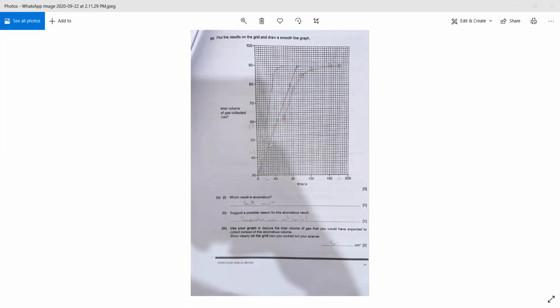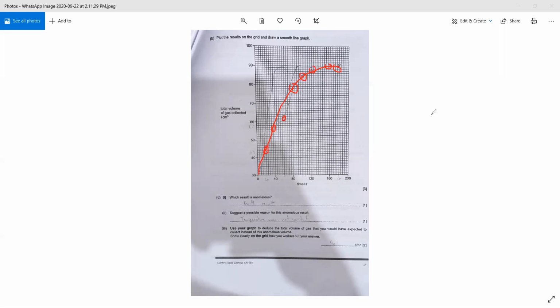So I'll repeat the point: you have these points when you plot the result. And the question was which point appeared to be inaccurate. So when you join these points, what is the meaning of anomalous? It means the random result, not in the range.